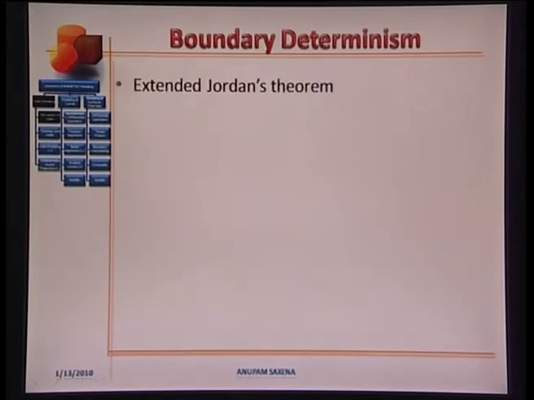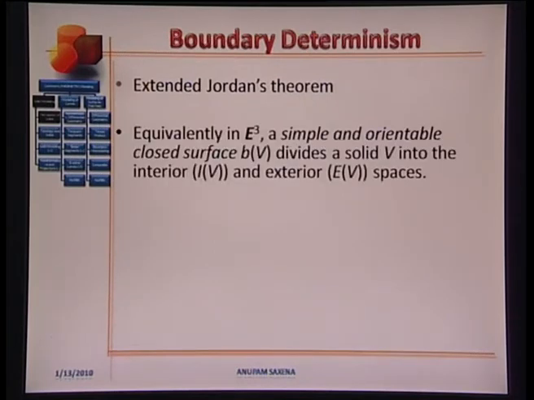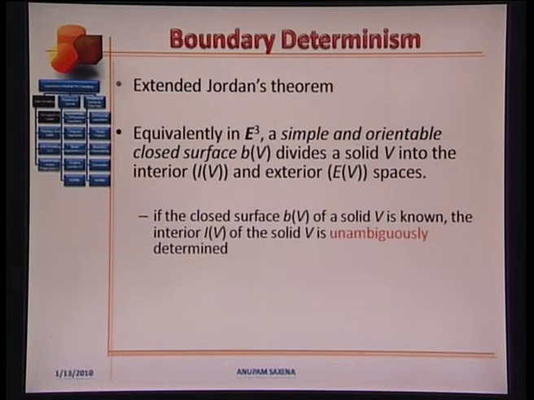Boundary determinism again. This is the extended Jordan's theorem. Equivalently, in the Euclidean space, a simple and orientable closed surface BV divides a solid V into the interior, which is IV, and the exterior, which is EV spaces. We will come to what are orientable surfaces later.